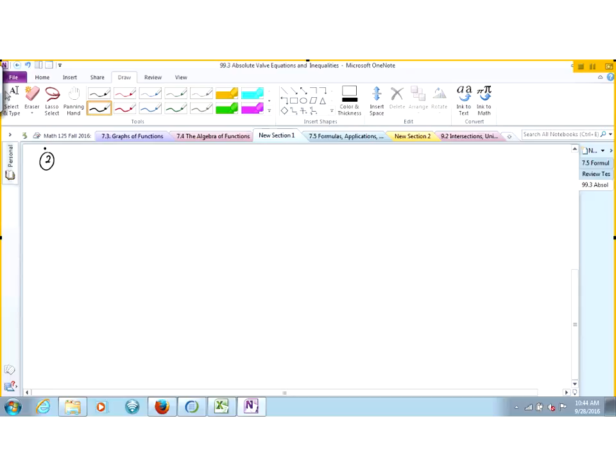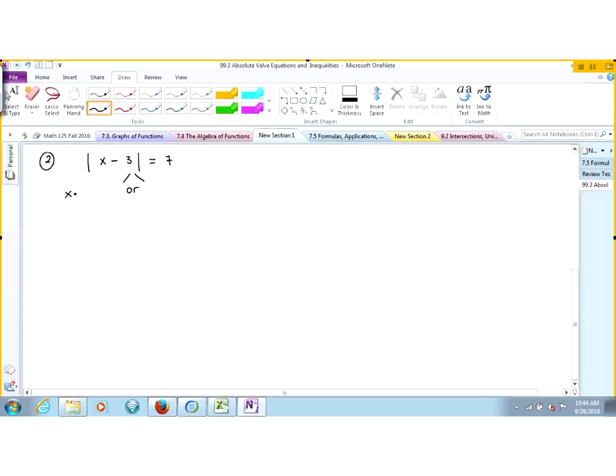So number 2. What about if I have absolute value of x minus 3 is equal to 7? How do I get rid of my absolute value? I need to express it into 2 expressions.